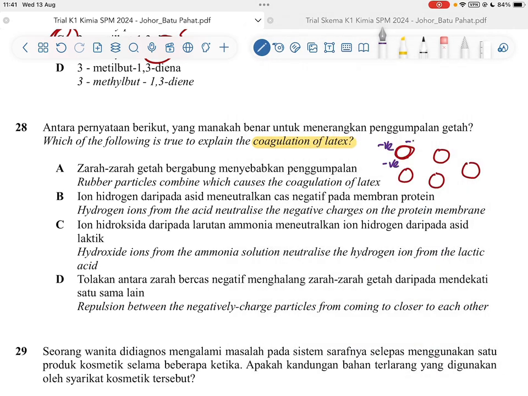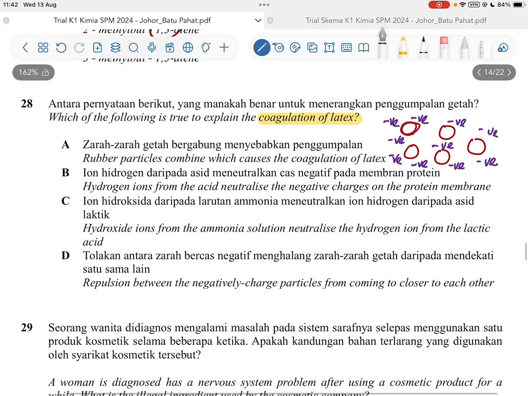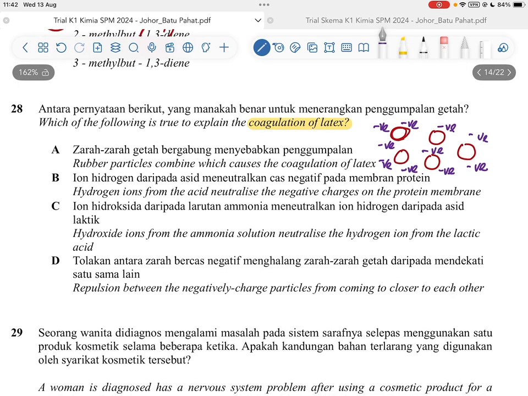So it means that there is a negative charge that surrounds the surface of the latex. So this is the latex that the rubber tappers collect.